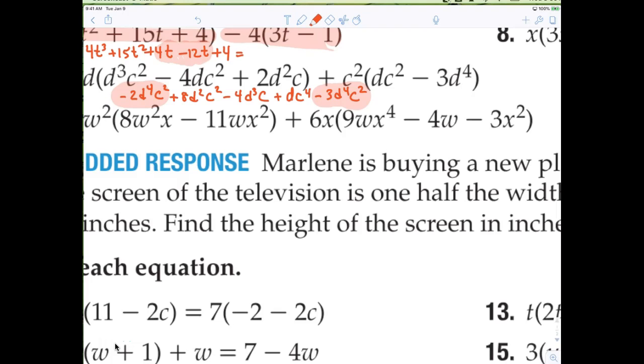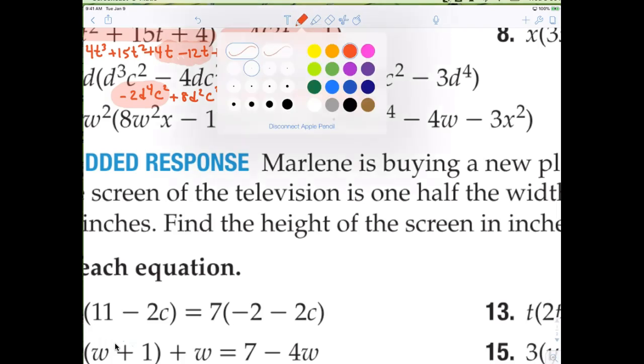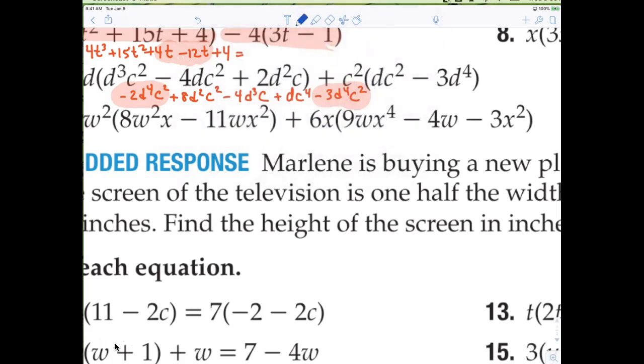Negative 2d to the fourth c squared and negative 3d to the fourth c squared. Does everybody agree? So that's going to total what? Negative 5 what? D to the fourth c squared. Remember, the number in front tells you how many there are. So we have a total of negative 5.